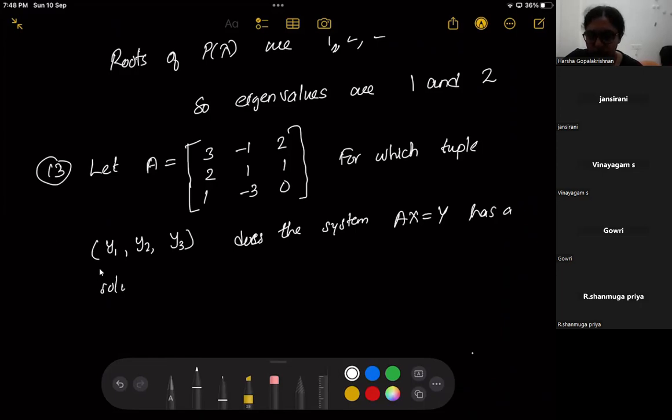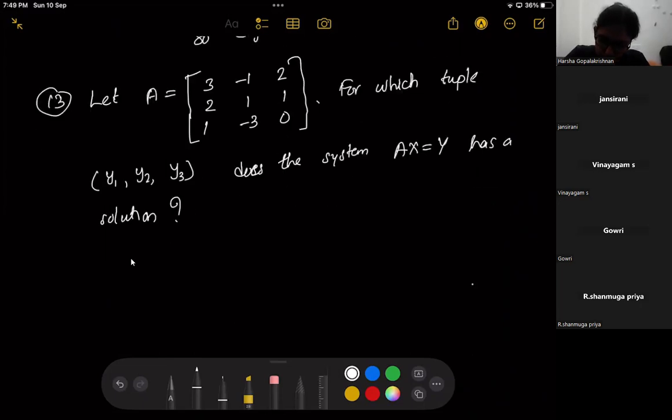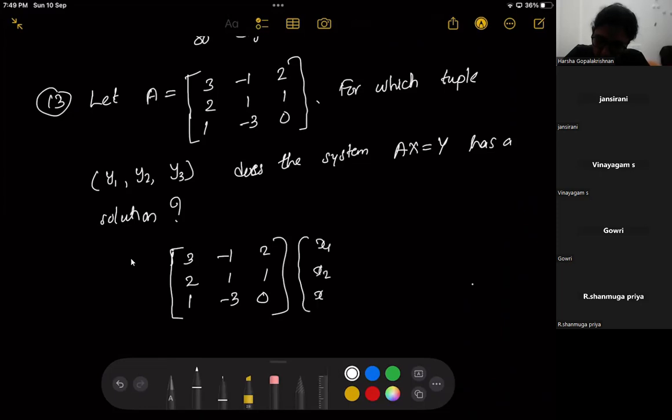The question is: find the possible values of y1, y2, y3, which you can see as a column, such that the system Ax equal to y has a solution. Is the question clear? What I will write is A: 3 minus 1, 2, 2, 1, 1, 1 minus 3, 0, times x1, x2, x3, equals y1, y2.